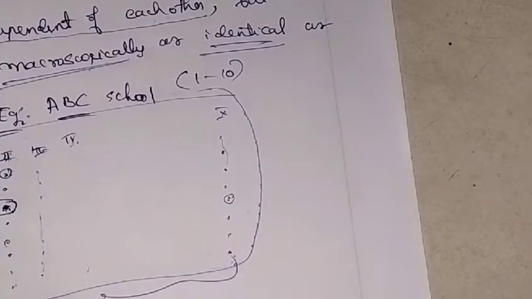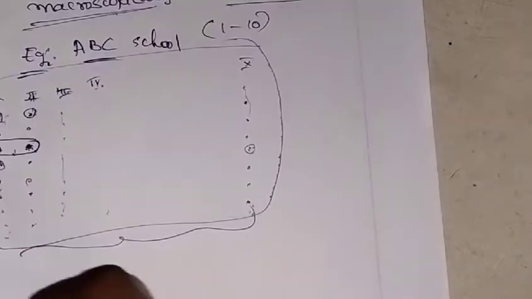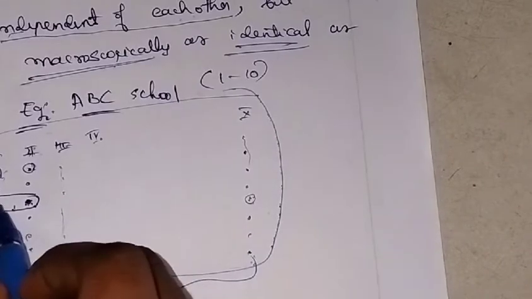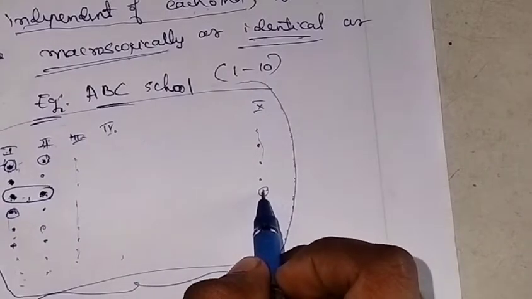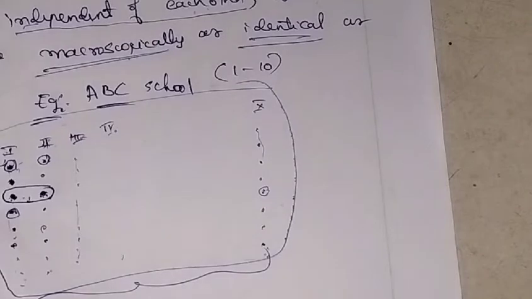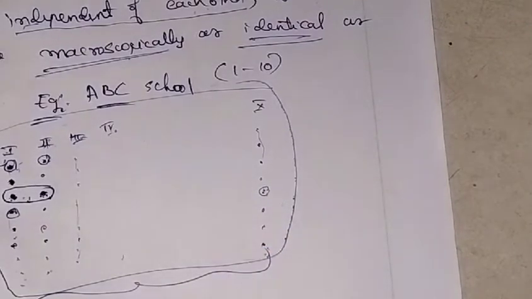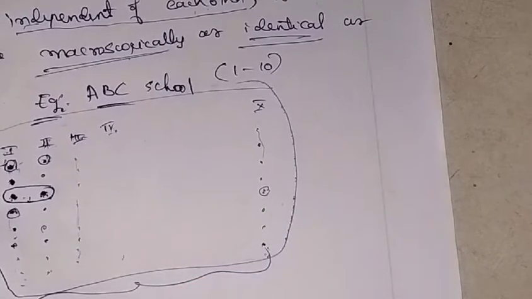They are the students of ABC school. If an outsider comes to the assembly, they do not know that this student is from the first standard and this student is from 10th standard. They will not be knowing, right? They simply say that they are students of ABC school. So macroscopically, if you consider, they are identical.